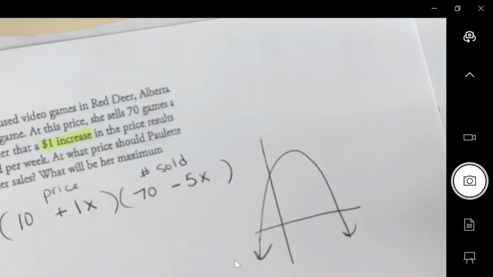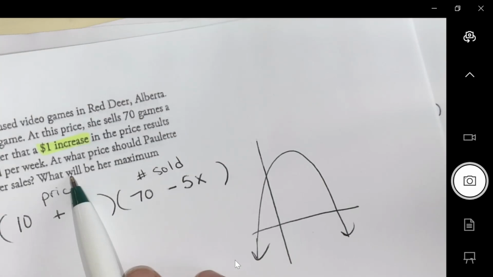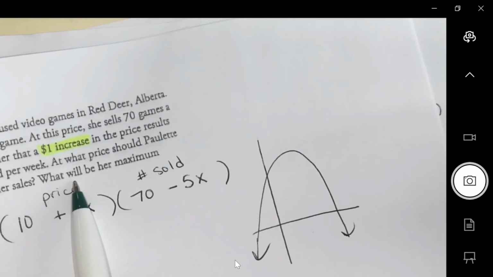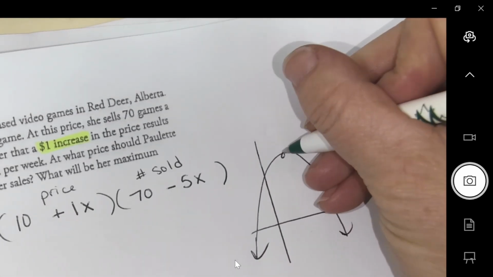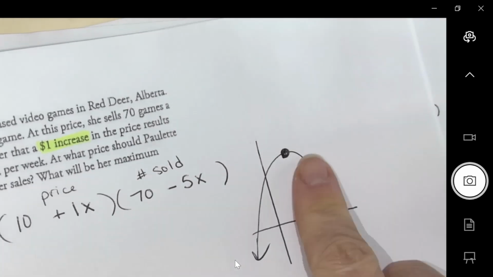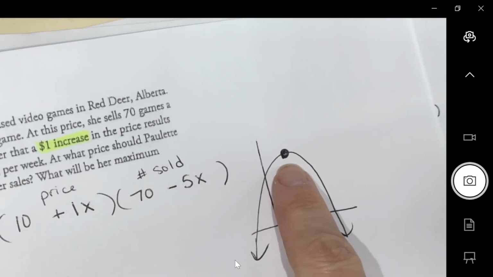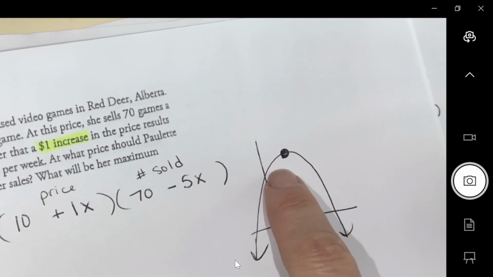Okay, there are 2 questions. At what price should she sell her games to max the sales? What will her max revenue be? Every single question there means something about this point. So can you just give me the coordinate of that point and we'll figure out what's what?